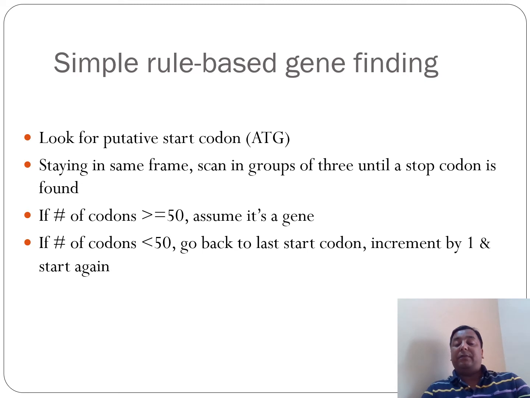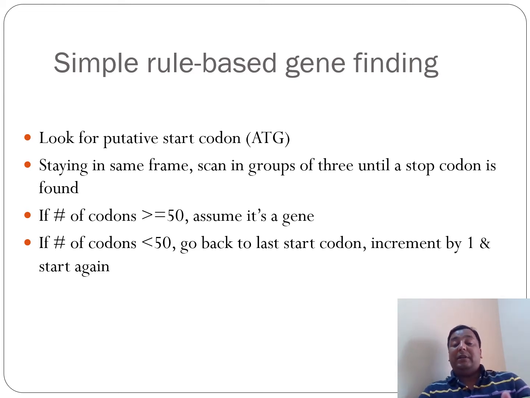It will start from, suppose, CATG is there. Once you come to ACT, it's not a start codon, then it comes to CT, CATG. If it's not a start codon, then it will come to ATG.